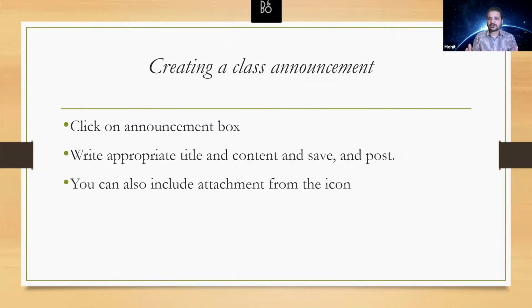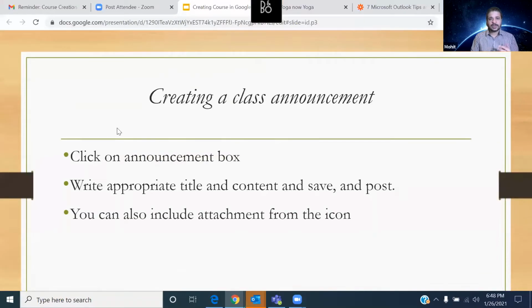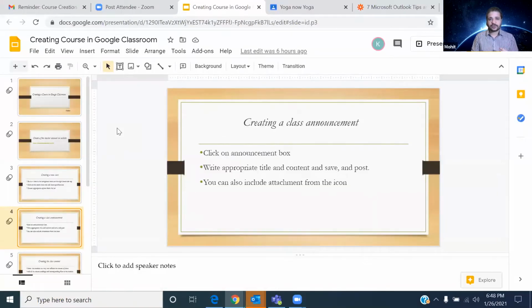You can have an announcement for a snow day, like we had yesterday, saying we have a snow day today and class is canceled. Or you can send notification about upcoming assignments, homework, or a project, or whatever is important for you to convey to the students. You can use that as an announcement.